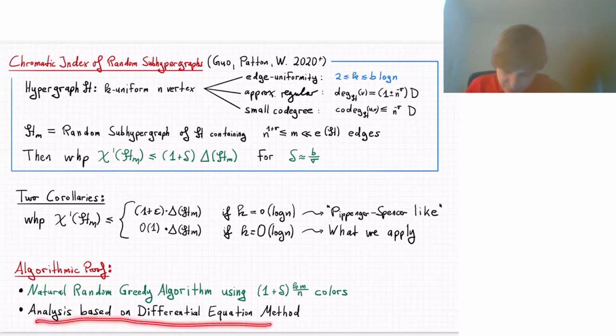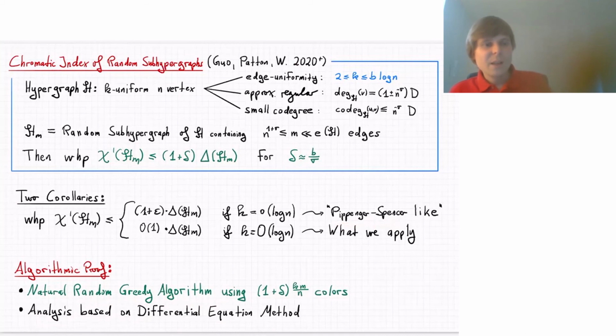The proof, there are two things I should mention. On one hand, this random greedy algorithm differs from the one that Pippenger and Spencer used. It's a little bit more in the spirit of an algorithm used by Kahn in the mid-90s for list coloring. He did not use the random greedy variant, but he used a semi-random variant, which was also later used by Molloy and Reed in some other context.